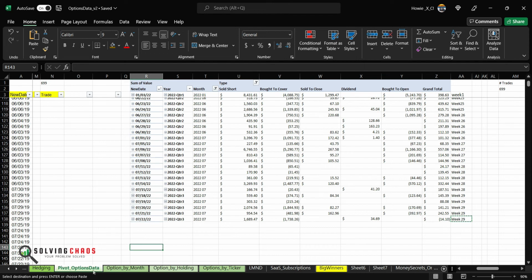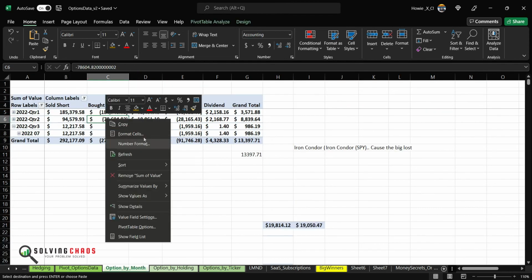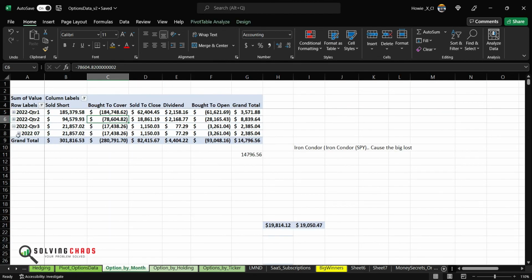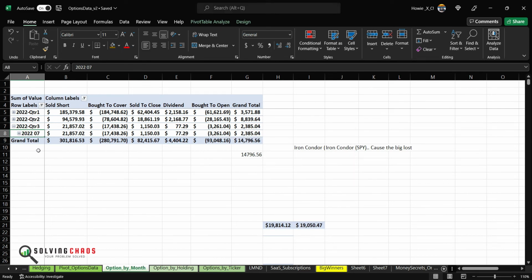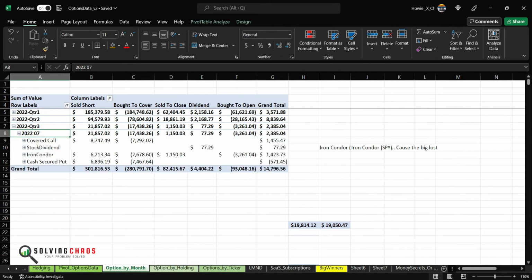Hit the save button. We'll go to the next tab, hit refresh, and then we can zoom in. Whoops, I don't think it likes these things because it will overwrite it. Okay, there you go. Let's copy this data out.